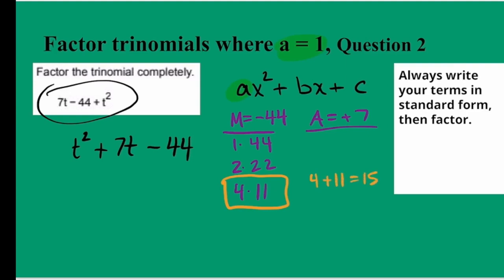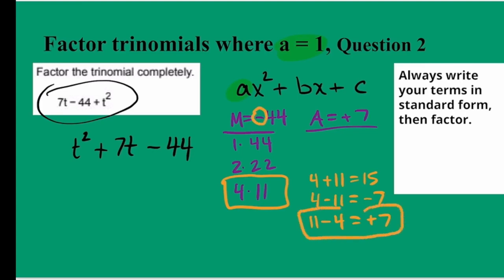If I do 11 plus 4, it's also going to give me 15. If I do 4 minus 11, it's going to give me negative 7. And if I do 11 minus 4, it's going to give me positive 7. So because they're multiplying to a negative number, you have to check all the adding and subtracting.